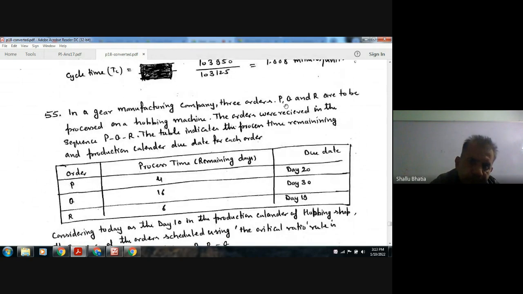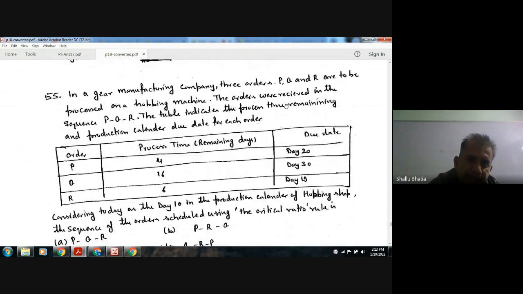Next, in a gear manufacturing company, three orders P, Q, and R are to be processed on a hobbing machine. The orders were received in sequence PQR. The table indicates the process time remaining and production calendar due date for each order.